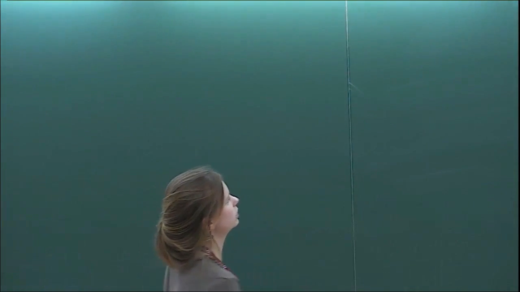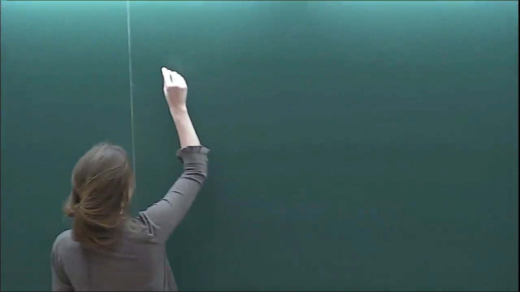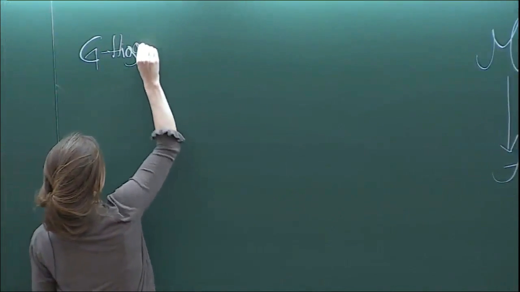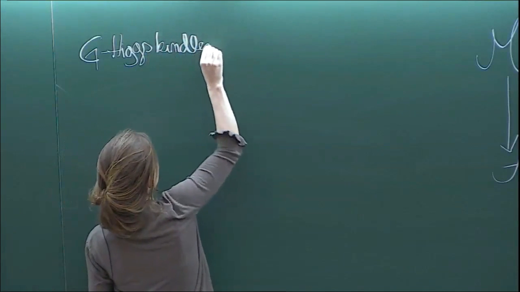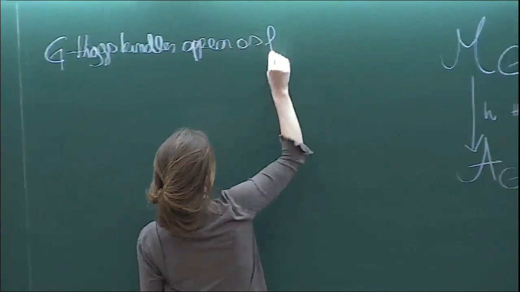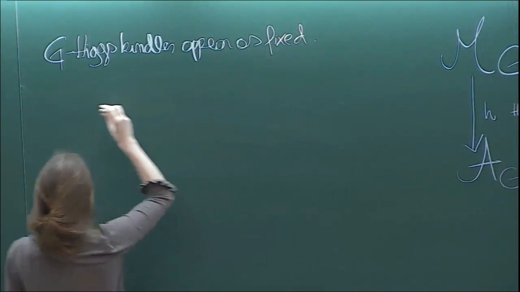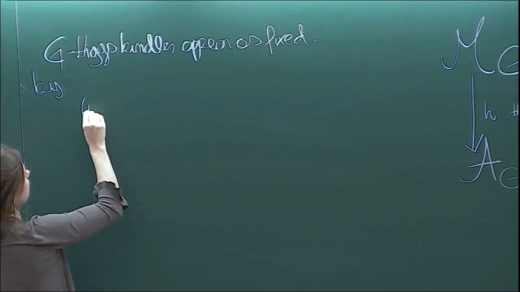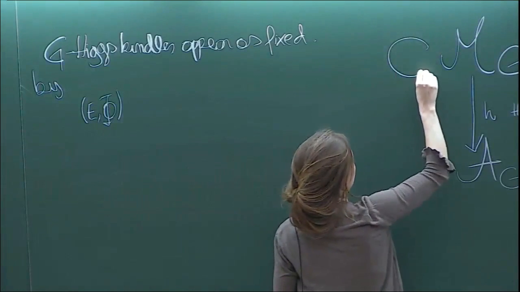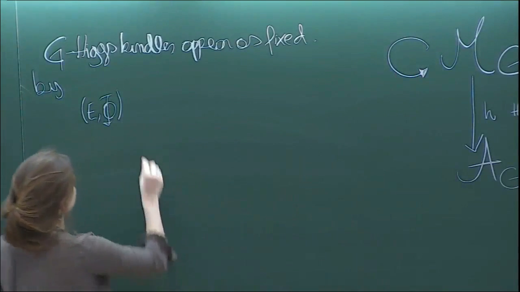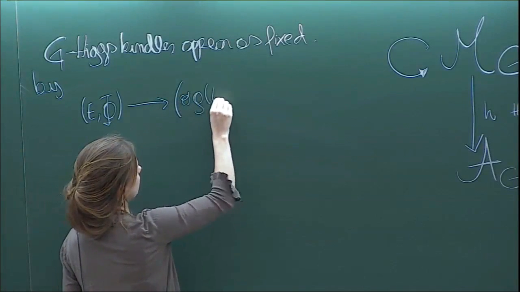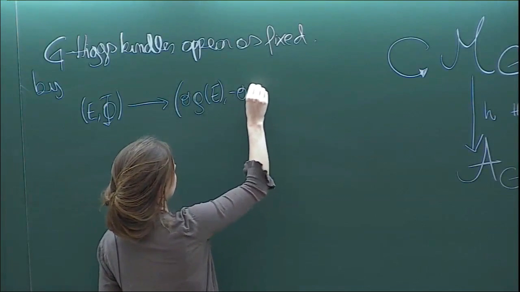So the first involution that we saw yesterday: we said that G Higgs bundles appear as fixed point set, as fixed by an involution acting on this moduli space, sending an isomorphism class (E, phi) to (sigma rho E, minus sigma rho phi).